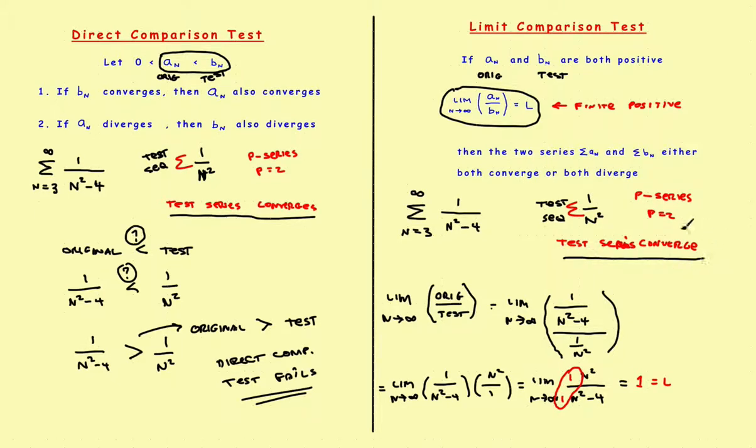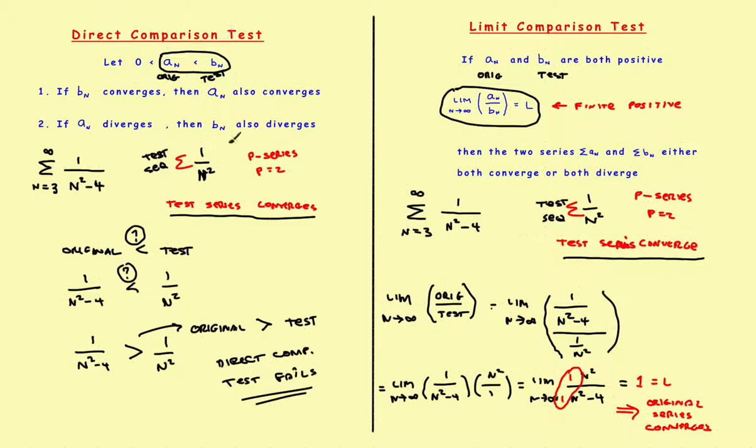Well, since the test series converged, you can conclude that the original series has to do the same thing. So here you can conclude that the original series also converges. So again, if the test series converges and the ratio is a constant, then the original series converges.